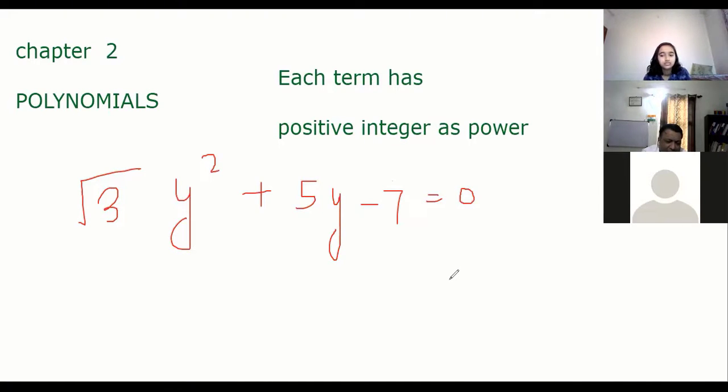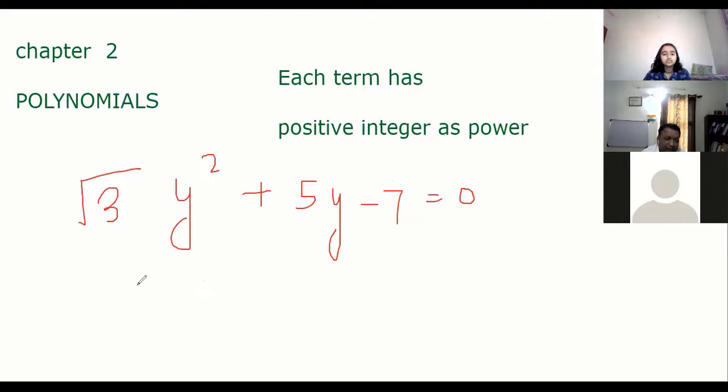Everybody write on chat, yes or no. Is it a polynomial or is it not a polynomial? Asta says yes. Soumya says yes. Lesha says yes. Vasu says no. Gori says yes. Yashwant says yes.